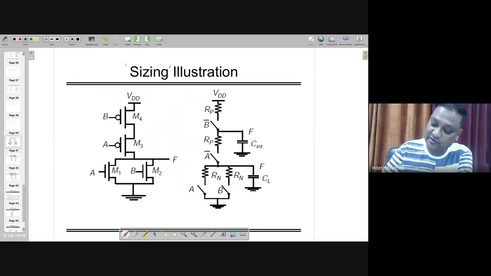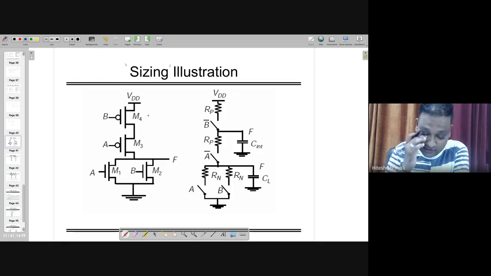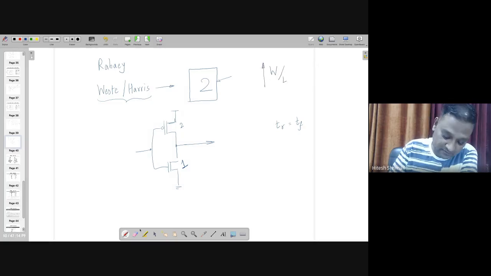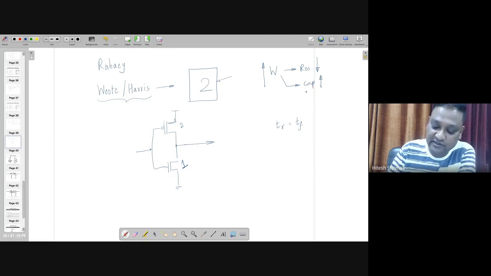So when I'm talking about the sizing of the transistor for combinational logic or maybe flip-flops or anything, I need to change the W by L of the respective transistor. One more thing, we also learned that as you increase width, the resistance is going to decrease, but at the same time, the effective capacitance is also increasing because capacitance is nothing but W times L times the respective capacitance.